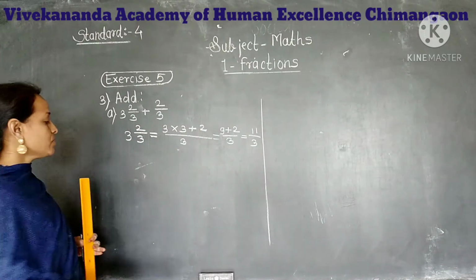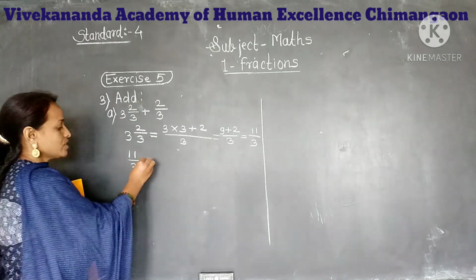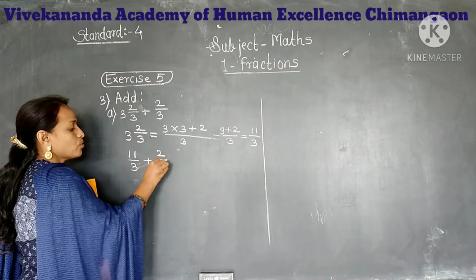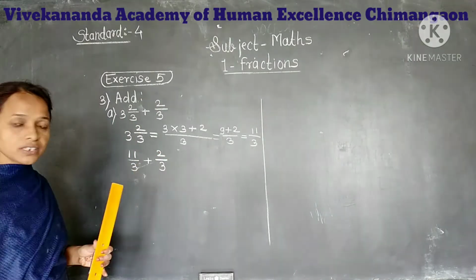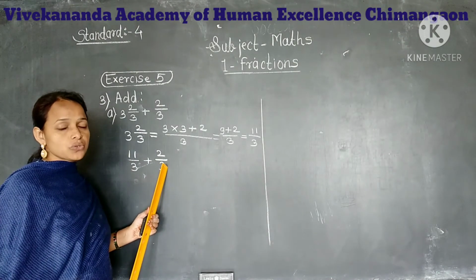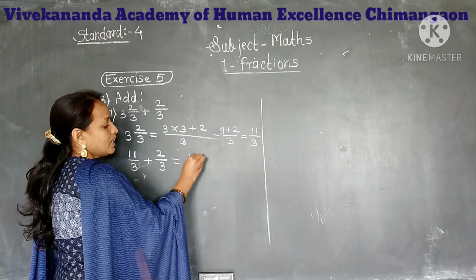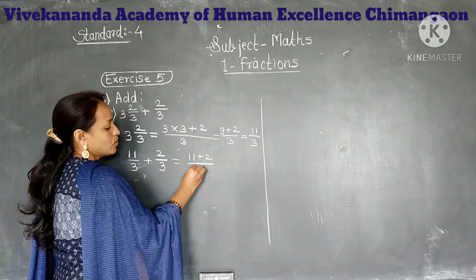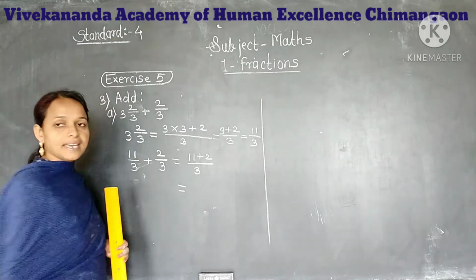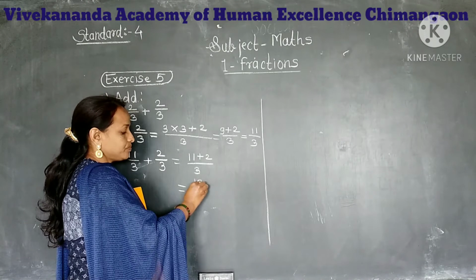Now we have the first fraction 11 upon 3 and the second fraction 2 upon 3. See students, these are like fractions. So now we can add the numerators. So 11 plus 2 upon 3. 11 plus 2 is 13. 13 upon 3.